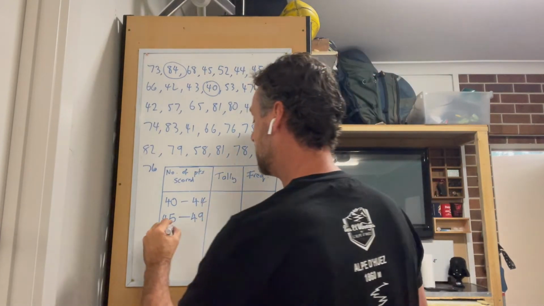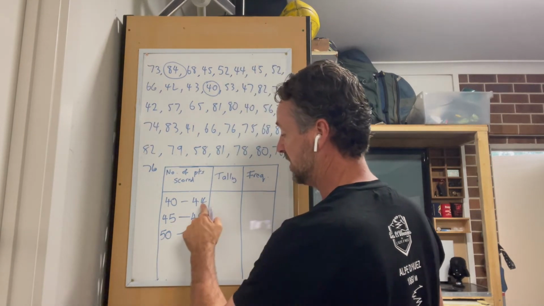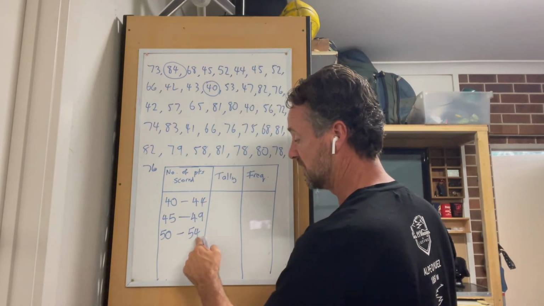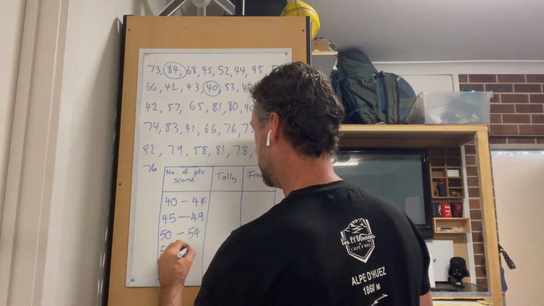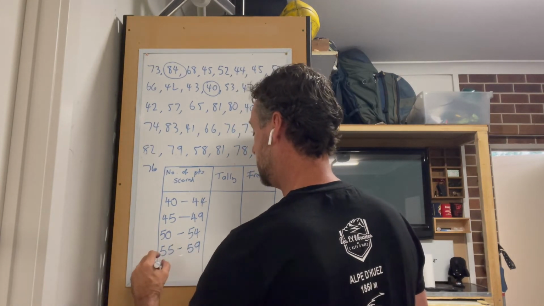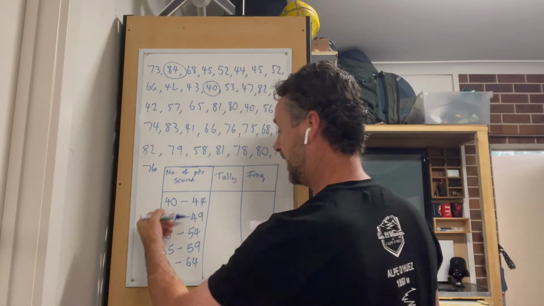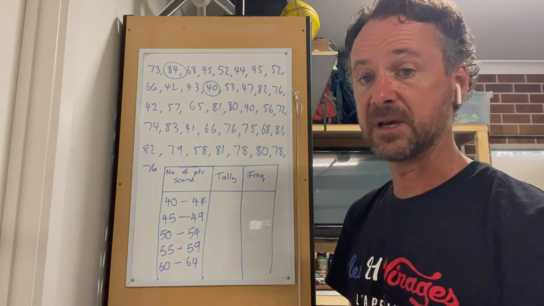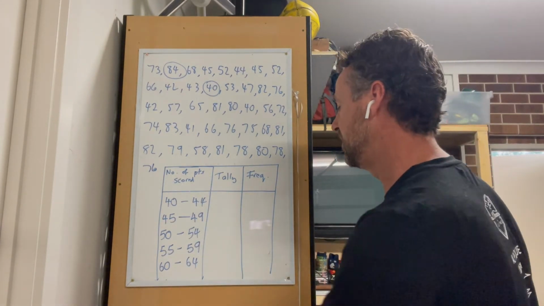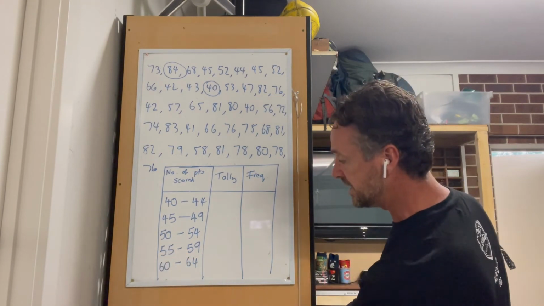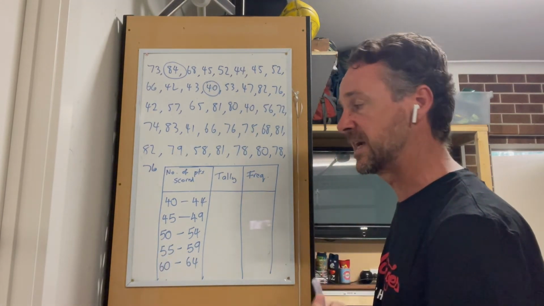Then we go to 50, and it'll go up to 54, and you see this repeating pattern. Then 55 all the way up to 59, and then 60 all the way up to 64, and so on down the page. Obviously I won't fit all of that in here, but you can get the gist of where that's going. The last interval will be 80 all the way across to 84.